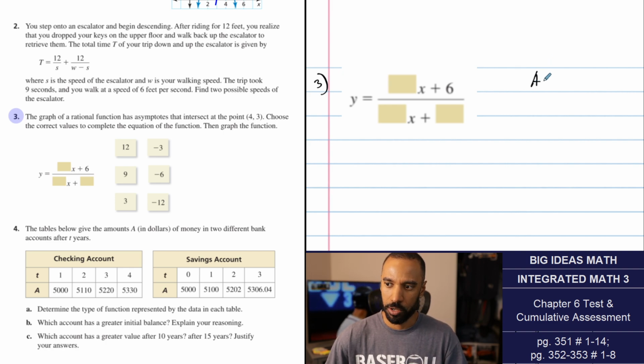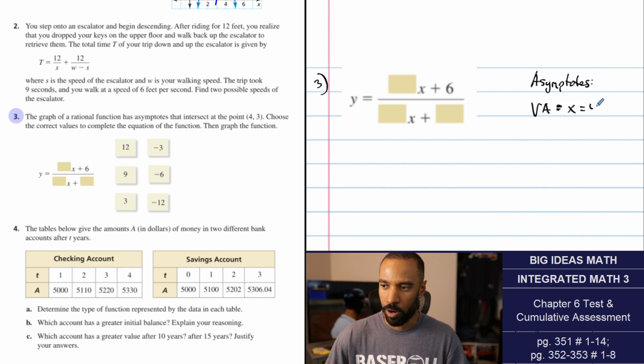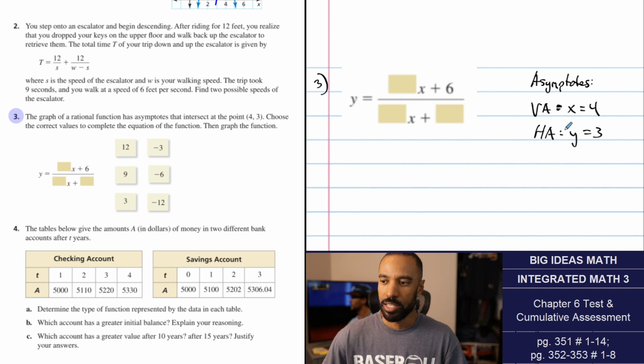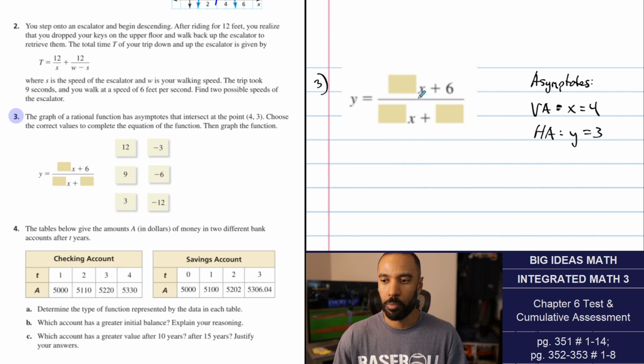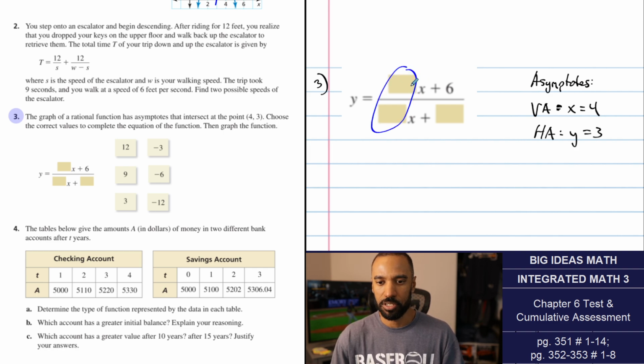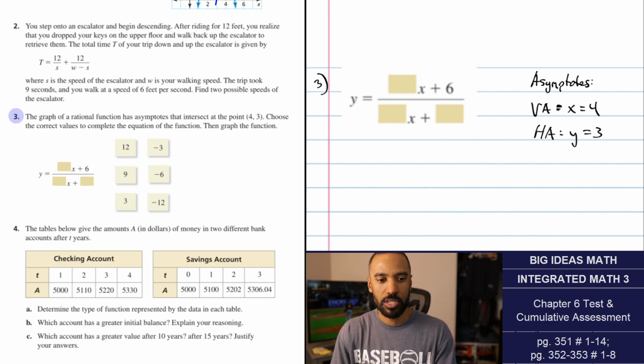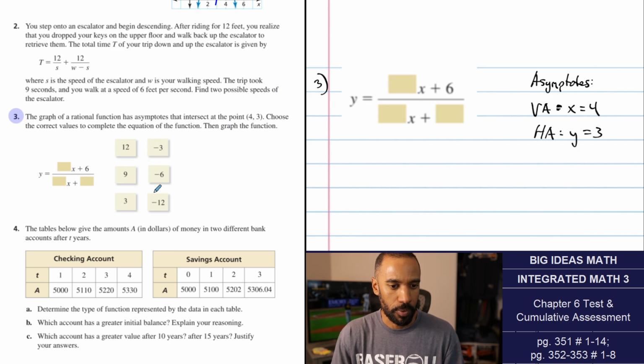Now your asymptotes intersect at (4, 3). That means your actual asymptotes are a vertical asymptote at x equals 4 and a horizontal asymptote at y equals 3. Let's start with the horizontal asymptote y equals 3. That means in this form, when you have x to the first power in both, these have to divide to get 3. Which of these options allows you to divide to get 3?